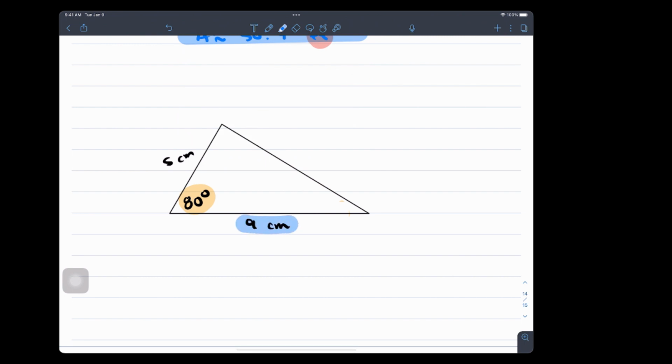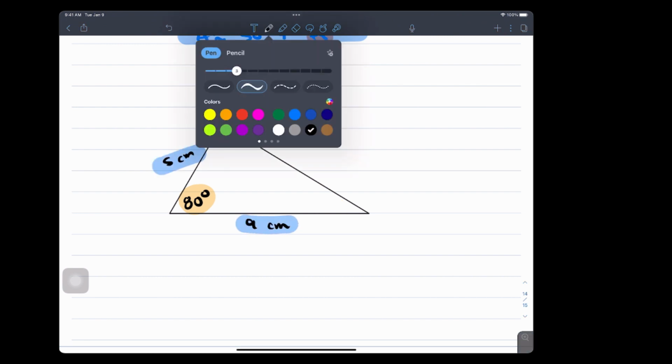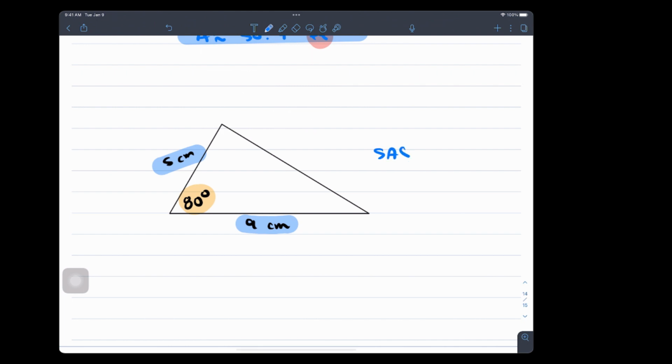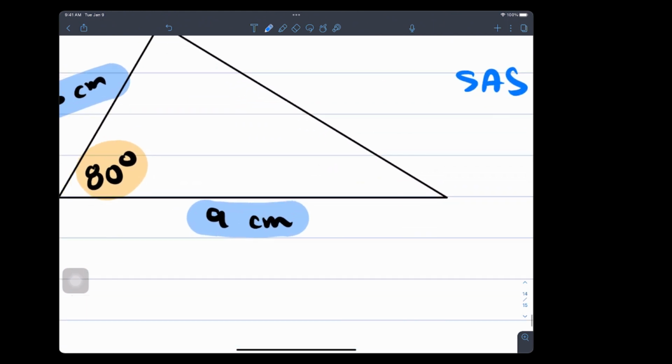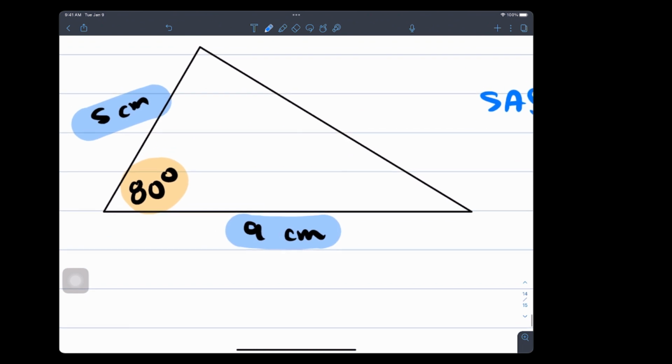So is this a side angle side situation, ladies and gentlemen? Is that 5 centimeters or 8? 5 and 9. 5 centimeters and 9. So is this a side angle side situation, you guys think? How do we know?